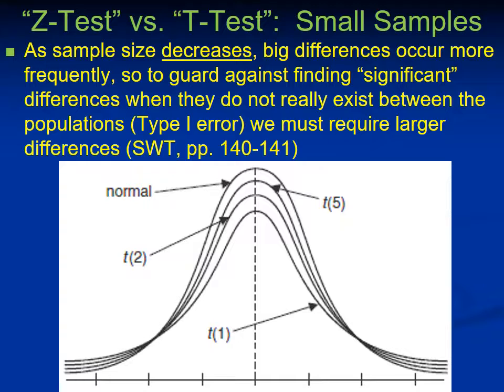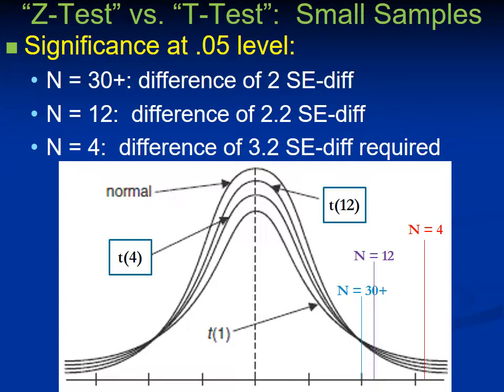So you use the t-table to solve that problem by, in fact, requiring bigger and bigger differences to attain statistical significance. So, for example, the book points out that to attain statistical significance at the 0.05 level would normally require differences greater than 2 standard errors of the difference.